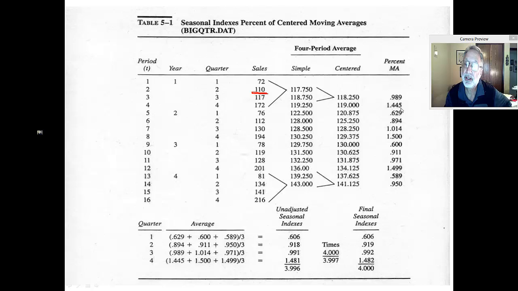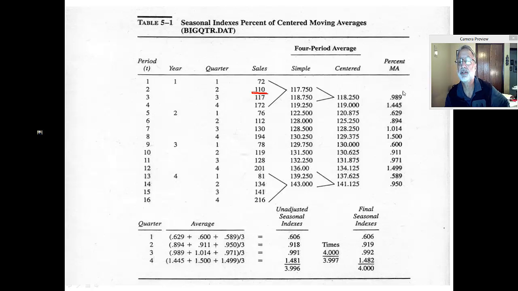So as I go through here, because this is multiplicative, I'm referencing the seasonality relative to the trend. The trend is 1.0. So roughly here in the third quarter of the second year, seasonal and trend patterns are almost exactly the same.